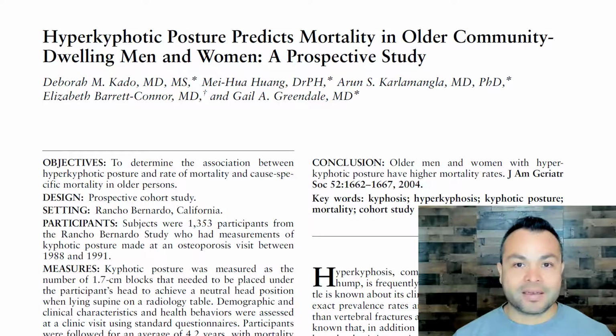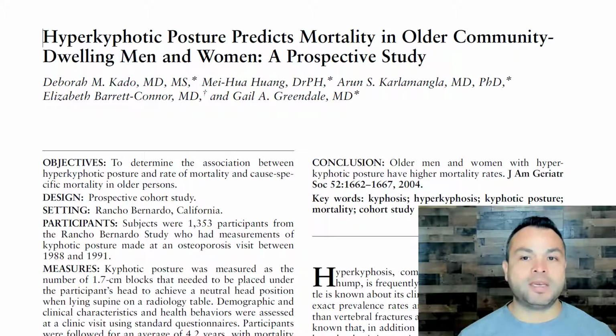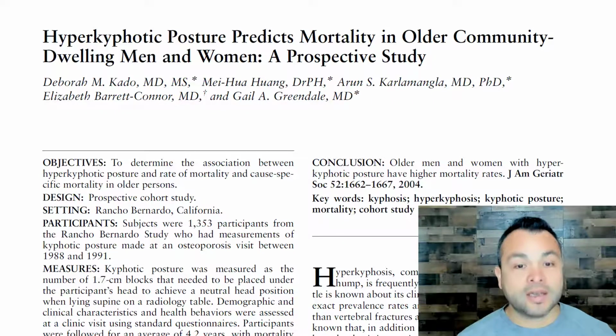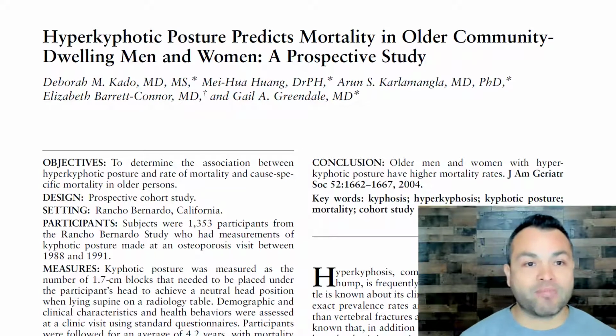This is insane, considering that most people just look at posture cosmetically. Now, although hyperkyphosis, humpback posture, is generally thought to be due to osteoporosis, this study actually showed that it's so much more. And this is why it's important to be getting chiropractic adjustments regularly in your mid-back or the mid-thoracics, not just when you have pain, but to actually prevent the progression of these types of postures.